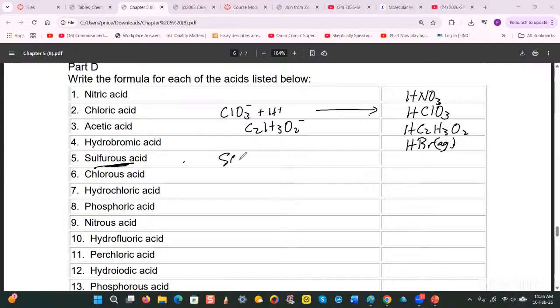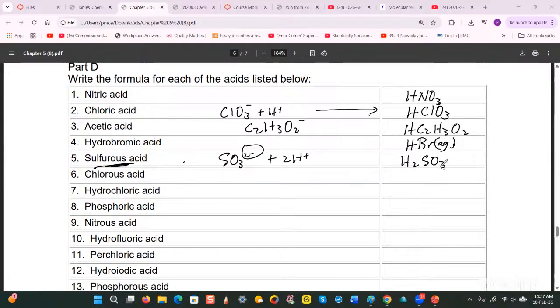So SO3 2 minus. So how do we get from sulfite to sulfurous acid? Two H pluses, right, exactly. So the formula becomes what? H2SO what? 3, exactly. All right, very good.